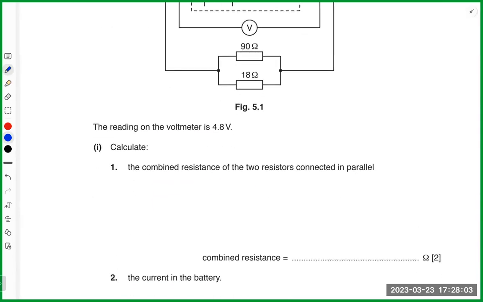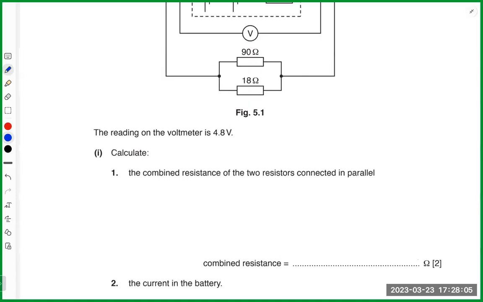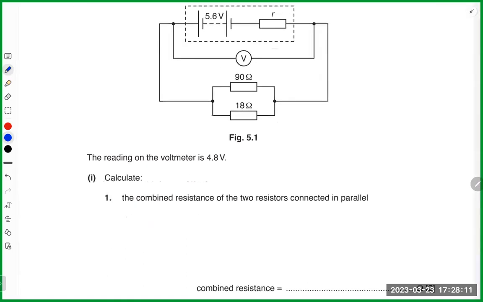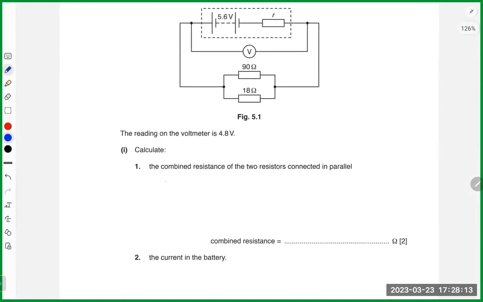The reading on the voltmeter is 4.8 volt. Calculate the combined resistance of the two resistors connected in parallel. This should be easy.